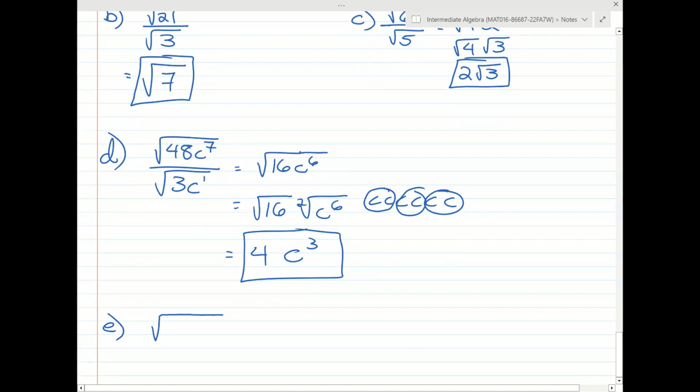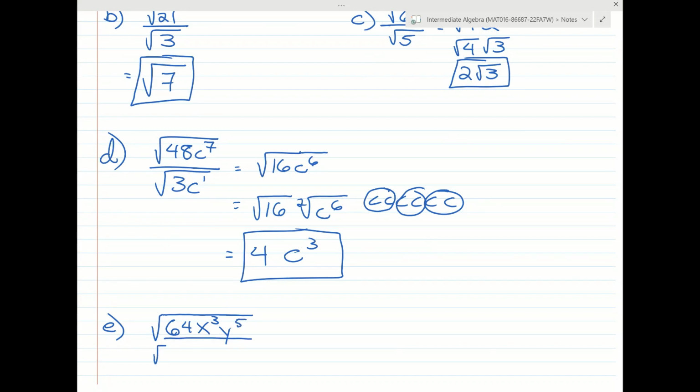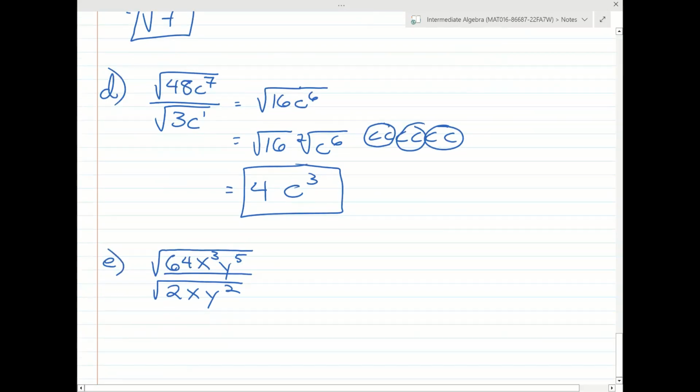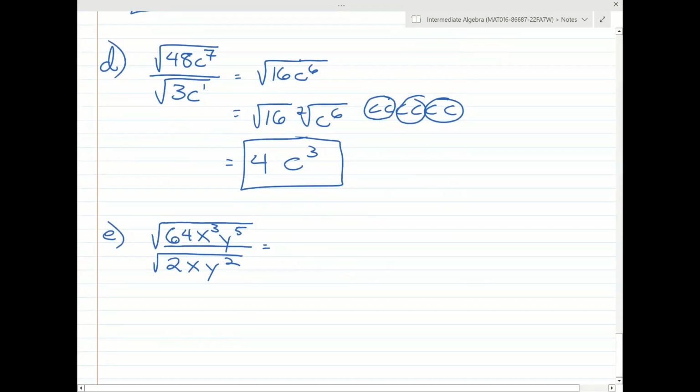How about the square root of 64 x to the 3rd y to the 5th divided by the square root of 2xy squared? 64 divided by 2 is the square root of 32.